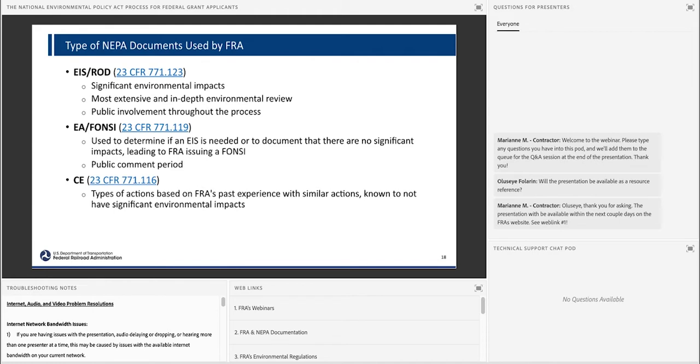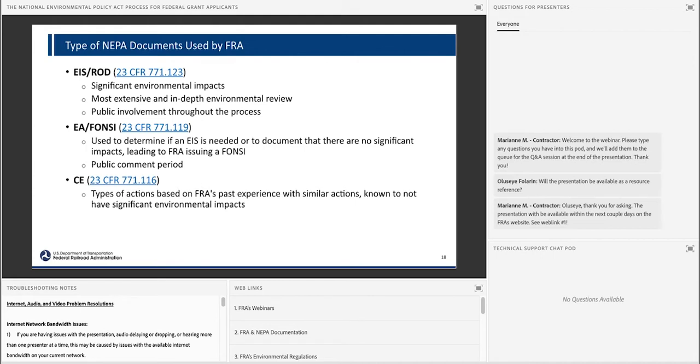They generally have the highest potential for significant environmental impacts, the largest projects, often new alignments, new corridors, or new station projects. And with this being the most extensive process, there's generally more public involvement, public outreach, and interagency expectations.